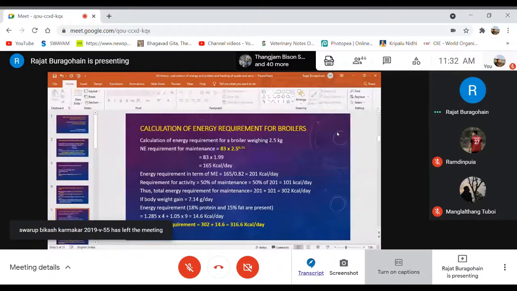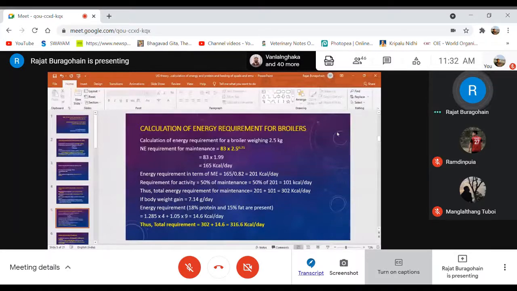Definitely, per week, how much protein. For activity, if it is litter, 3% of maintenance, and then total energy requirement for maintenance will be per day.